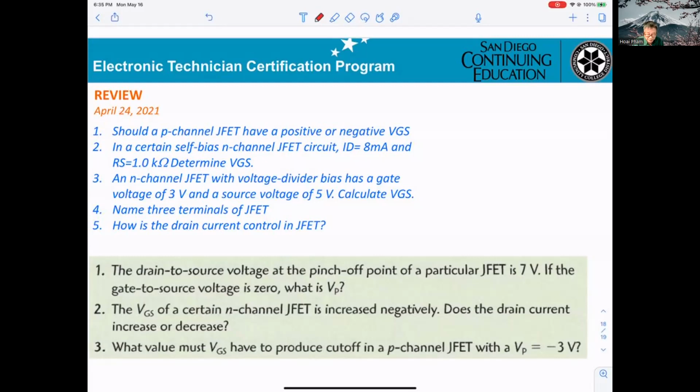So you know number 2. Okay, on this formula, what is VG? What do we add?